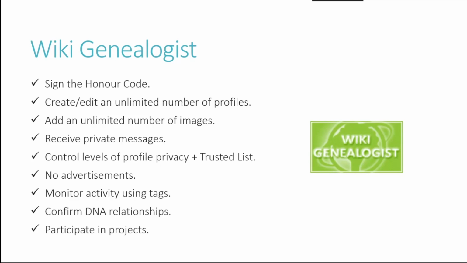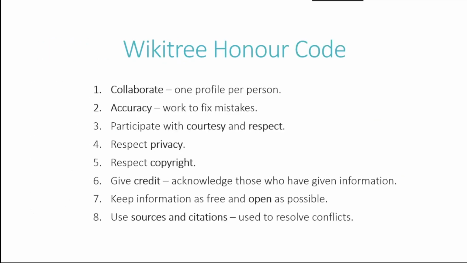You can also confirm DNA relationships, and you can participate in projects. So those are all the main things, but there's also 101 other things you can do as a Wikitree genealogist that I could spend all night covering.